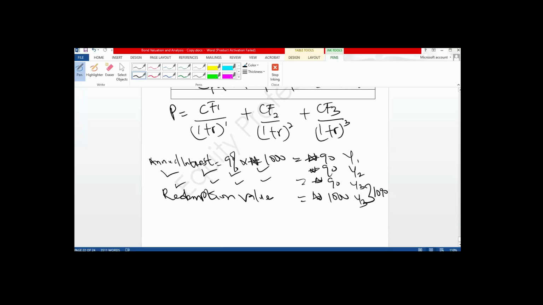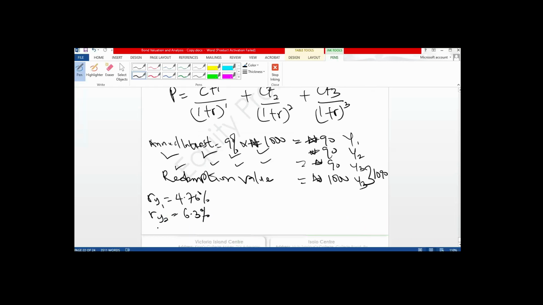And I know that the spot rate in year 1, R in year 1, is 4.76%. R in year 2 is 6.38%. R in year 3 is 6.8%.